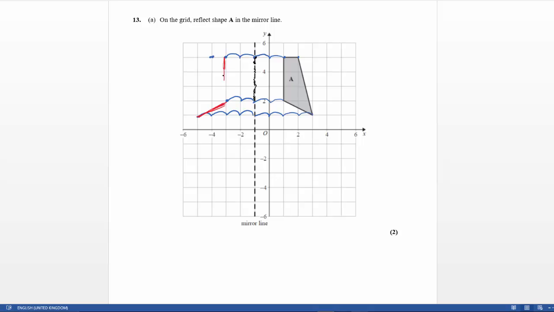And we've got this point here, and another point here. Obviously you will be using a ruler. Okay. So they haven't given us a name to call the shape, so let's just call it A apostrophe. Okay.